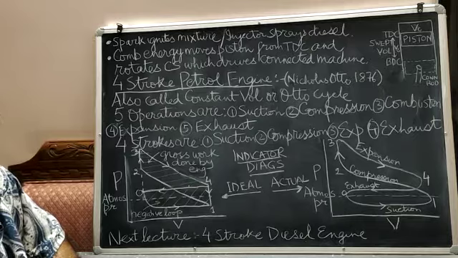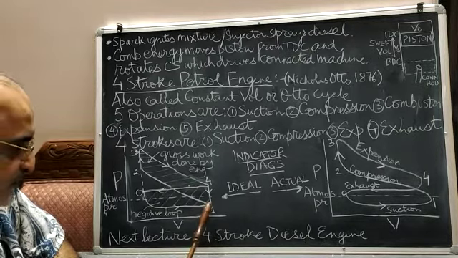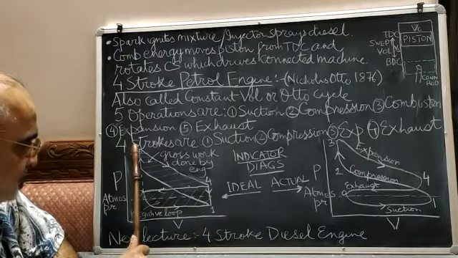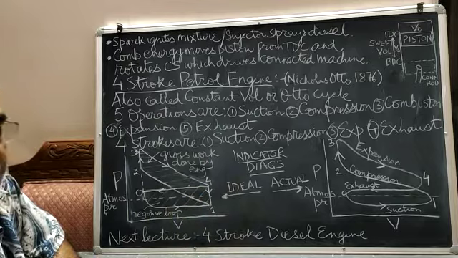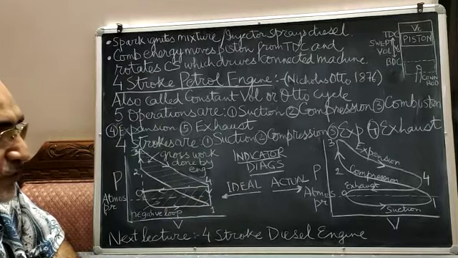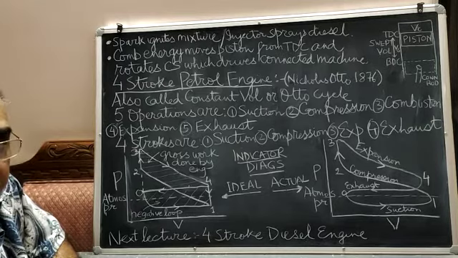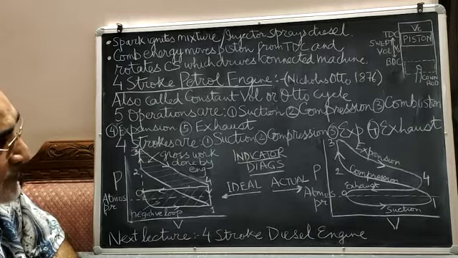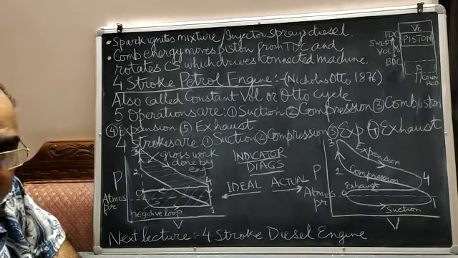Now in this figure, what is the gross work done by this engine? The area 1, 2, 3, 4 is the gross work done by the engine. But there are pumping losses. Pumping losses means charge getting into the cylinder and the exhaust getting out of the cylinder.